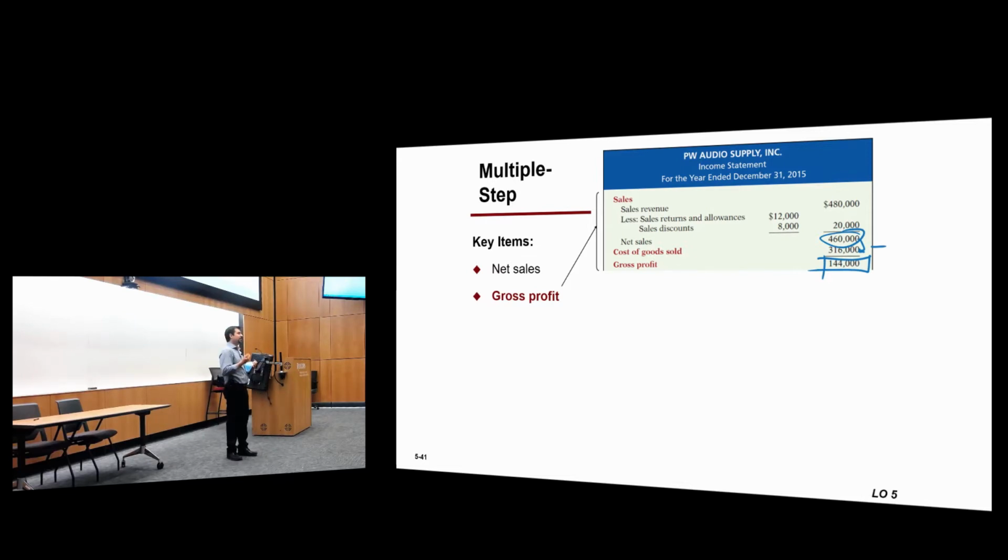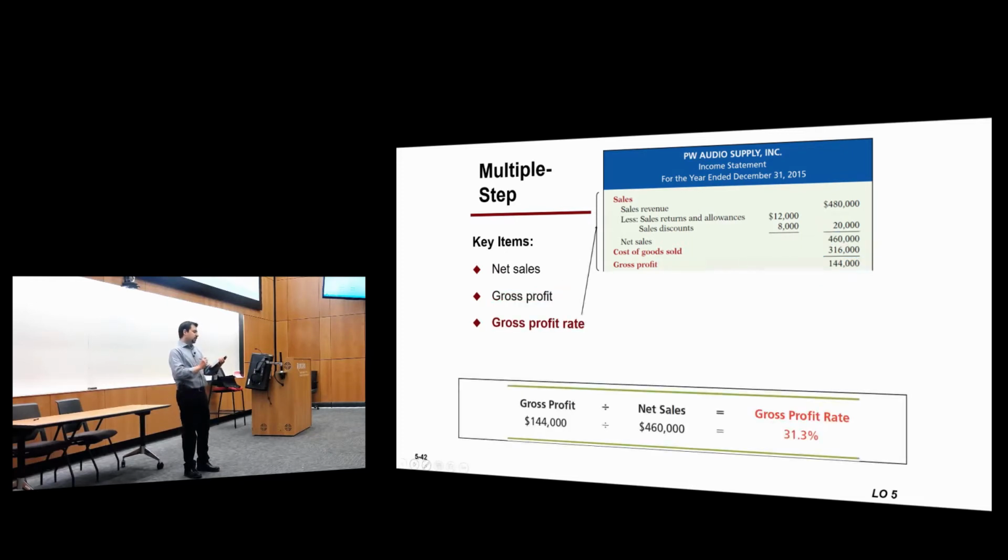So that $1 billion might be deceiving, might be misleading. So this is why companies sometimes report it as gross profit rate. The gross profit rate is simply you divide the gross profit by the net sales. That could be, for example, a question in the exam. Calculate the gross profit rate. What's the gross profit rate?